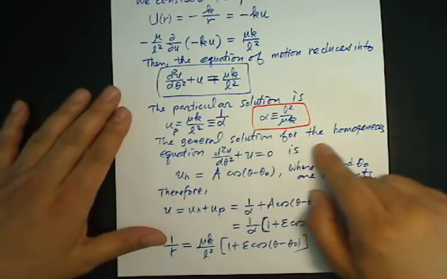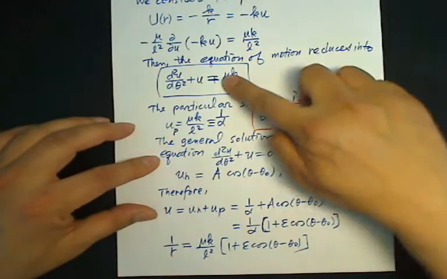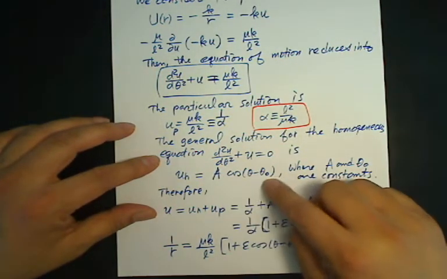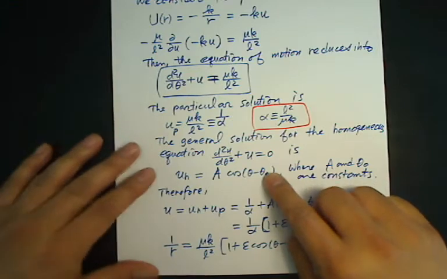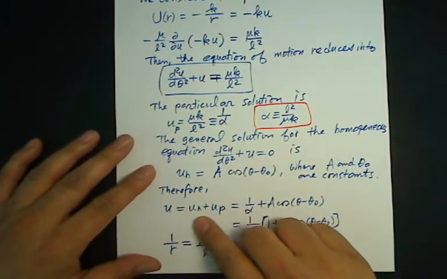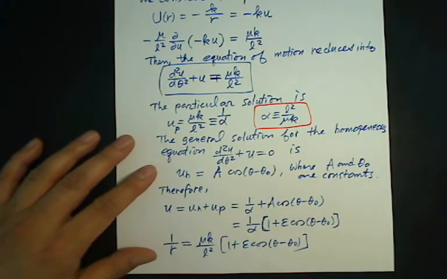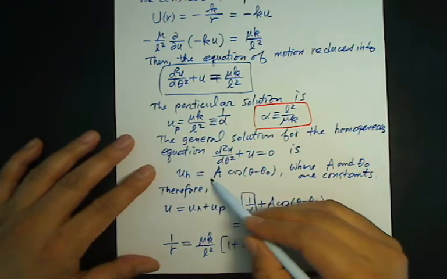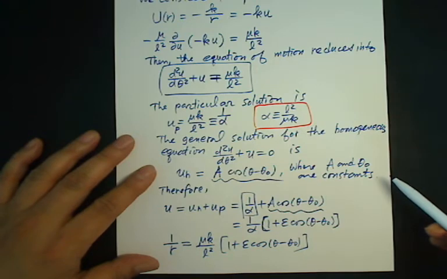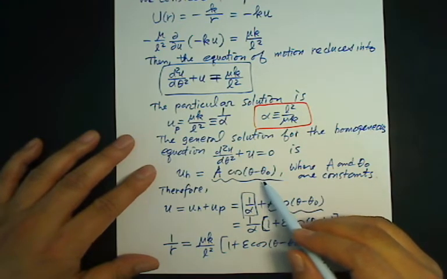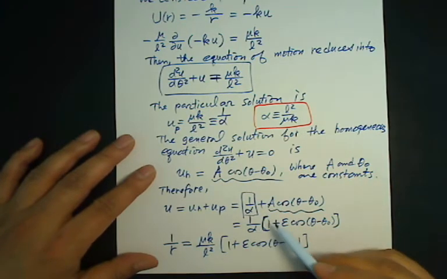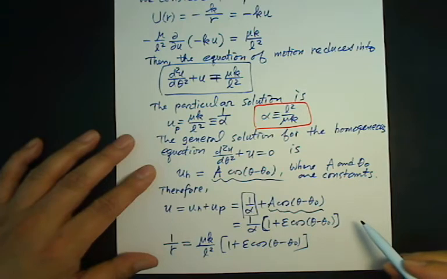The general solution for the homogeneous equation, where this equals 0, is just the cosine with amplitude and phase, right? Therefore, the general solution of this system is the particular solution plus the general solution of the homogeneous equation. If I pull out 1 over alpha, then we have 1 over alpha times 1 plus epsilon cosine of something.